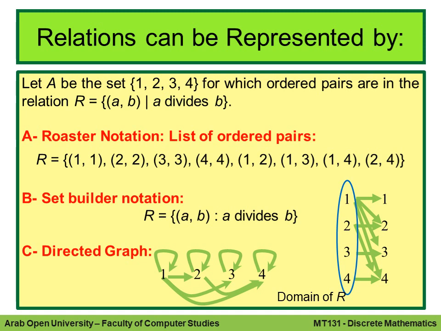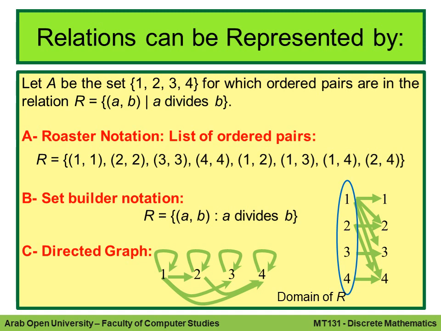Of course, another directed graph can be used: you just list the elements one time and draw an arrow every time a number divides another number. Draw an arrow from the first number to the second number. Of course, in the second graph you see loops.